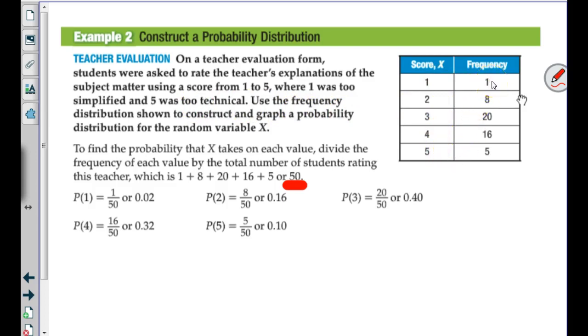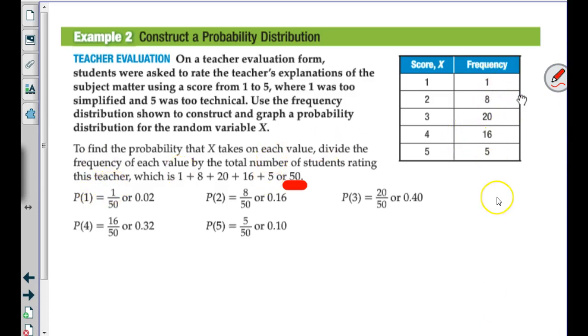One student said 1, 8 students gave a 2, 20 students gave a 3, and so on. Okay, frequency. Make sure you understand that. We had a question like that on the SAT packet, remember, about how many people scored between a 1 and some weird question where it was a frequency table.